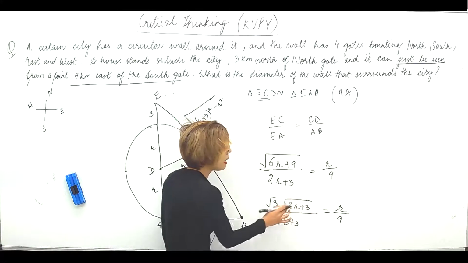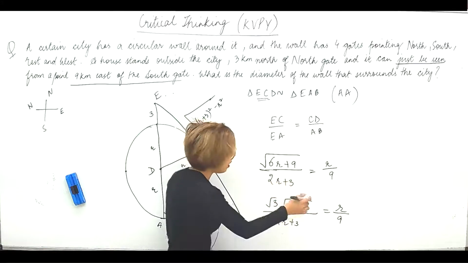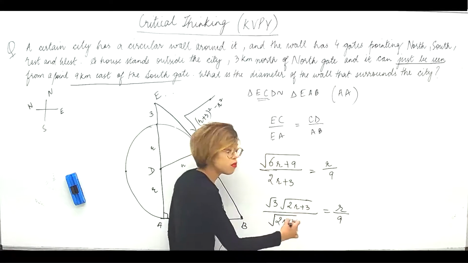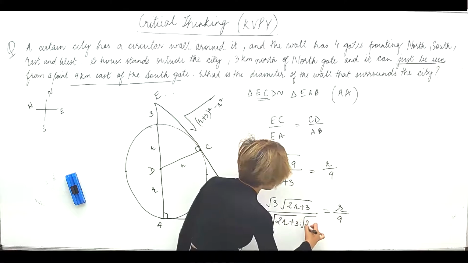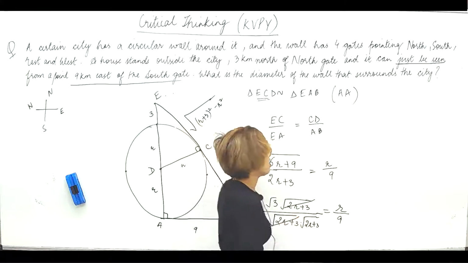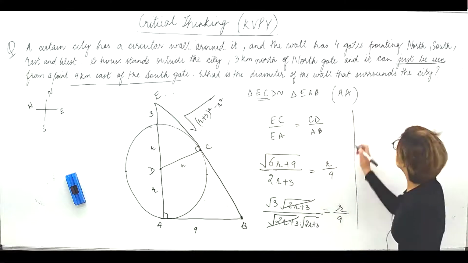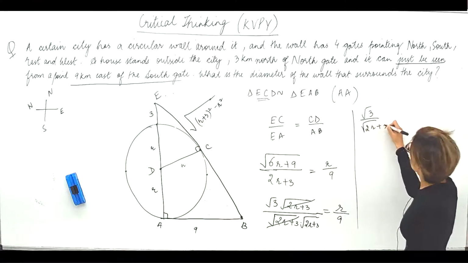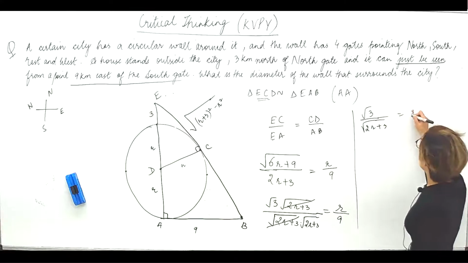Because I can cut the same part of it, right? So if I cut this, I can write the bottom one as square root of 2R plus 3 into square root of 2R plus 3. So, one will get cancelled. I'll be left with just one. So, this is root 3 by root 2R plus 3 is equal to R by 9.